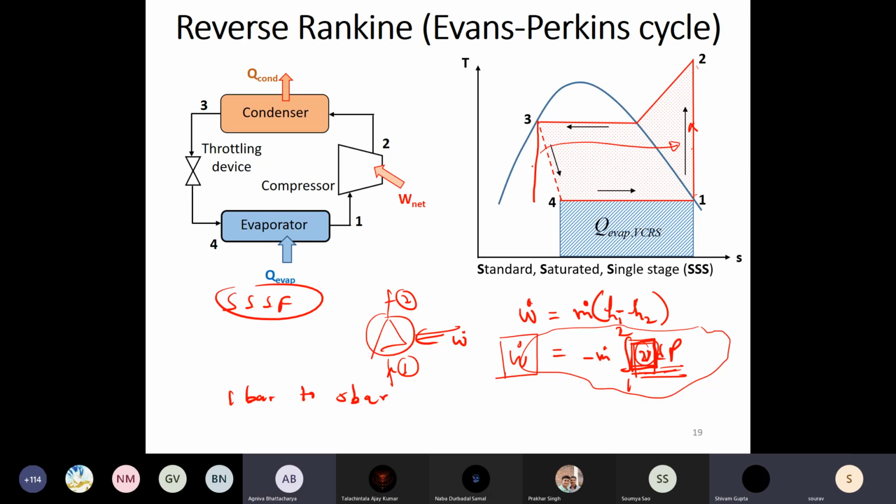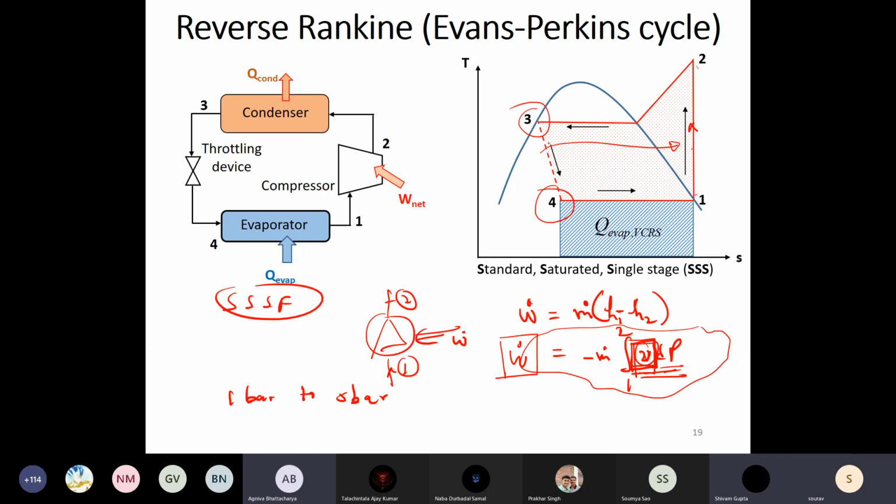We remove this and we place just a simple valve over here which drops the pressure from P3 to P4. Dropping the pressure is not at all an issue. Okay. So we replace that reversible process with an irreversible process, hence the dotted line.